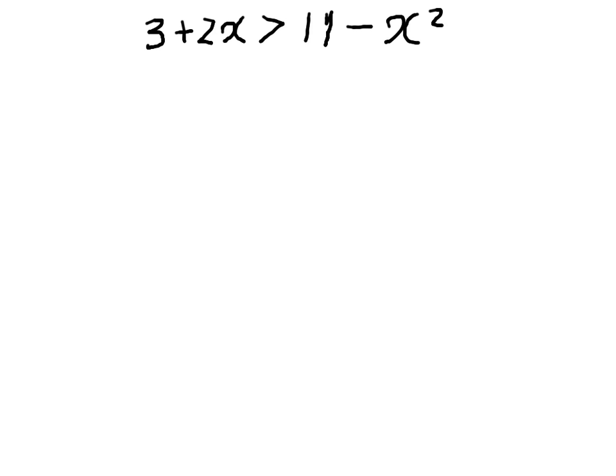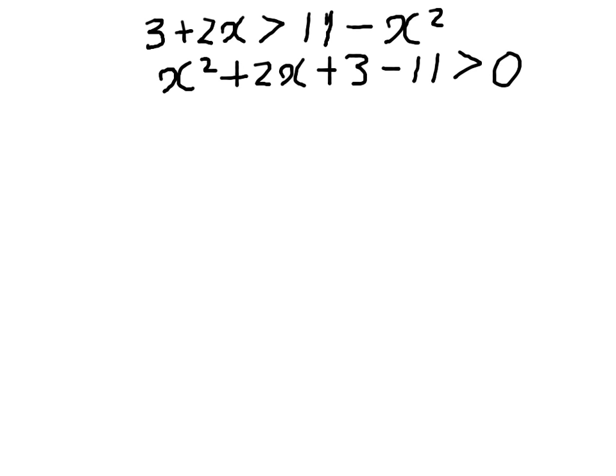Minus x squared will be now x squared on the other side, and have plus 2x plus 3 minus 11 is greater than 0. So if I tidy up, x squared plus 2x minus 8 is greater than 0.